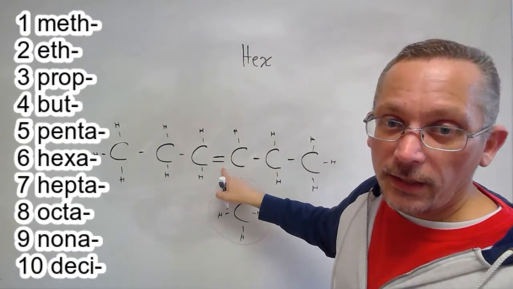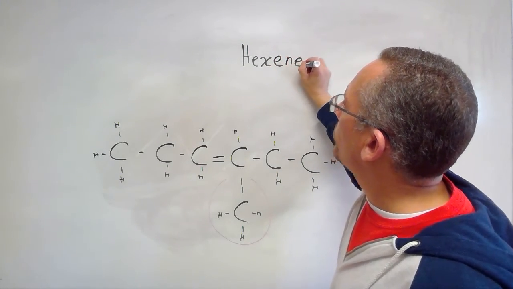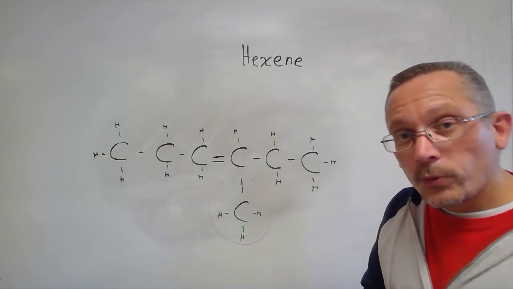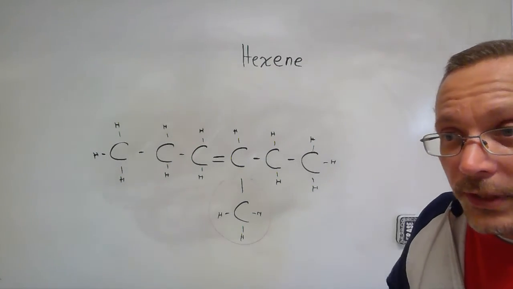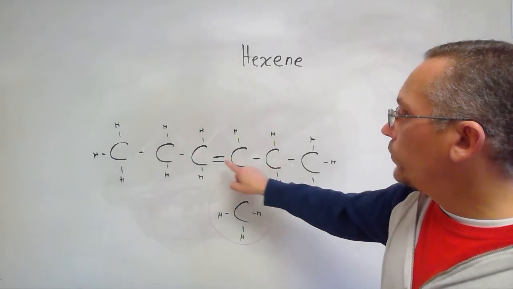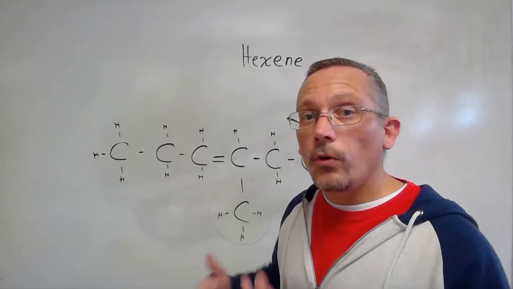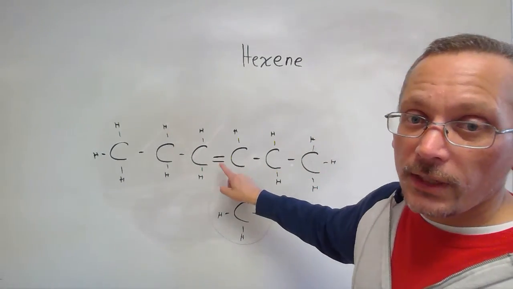And then being an alkene, it has a double bond, we would end up with e-n-e. And remember, with an alkene, we need to include a number for which bond is the double bond, right? So I could number them 1, 2, 3, 4, 5, or I could number them the other way. Either way, we get a 3 here.